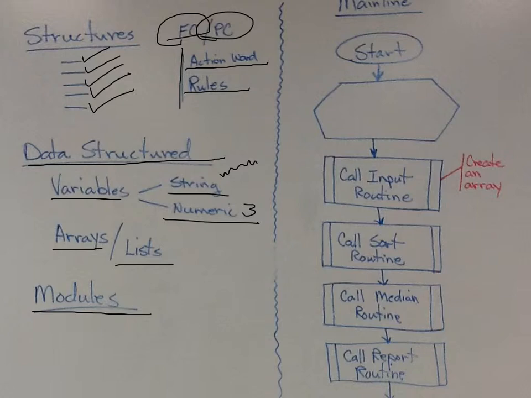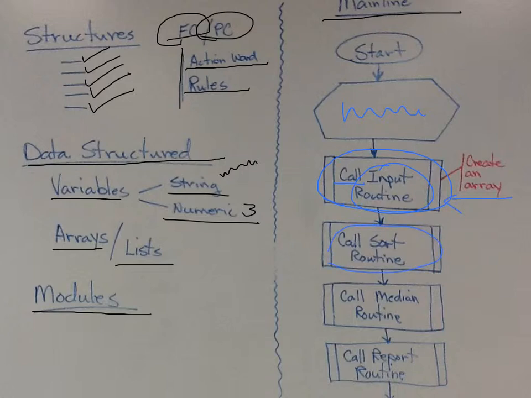So what we use is this concept about a main line, and we did an example. We didn't put all the details in, but as you can see here, we have initialization, we've got our start, and then we got a routine, a module, and we call that module, so we have an action word, and it's called input routine, and that routine creates an array.